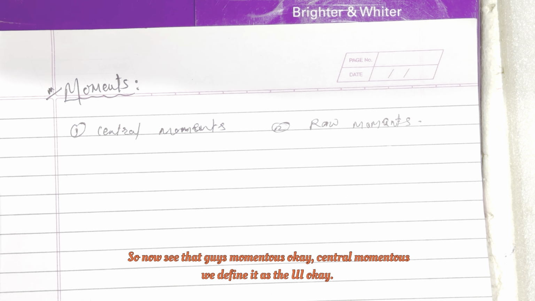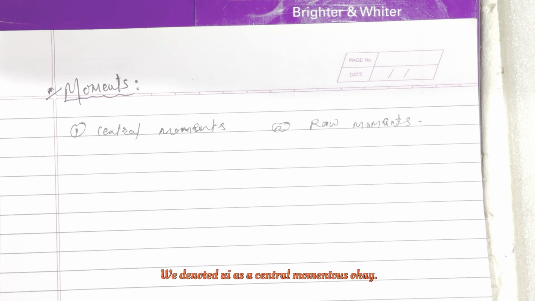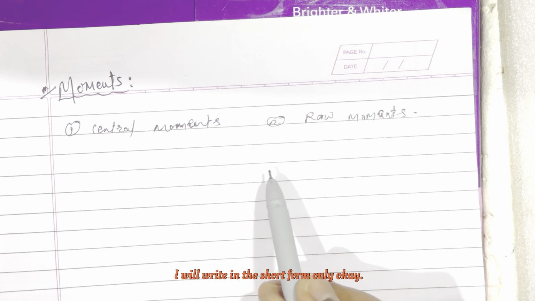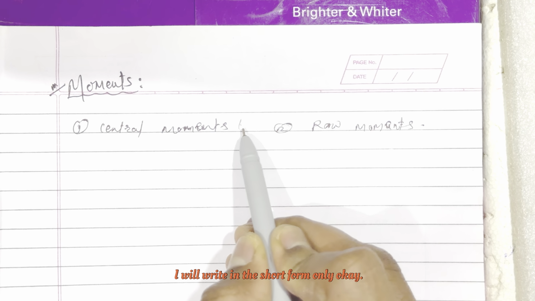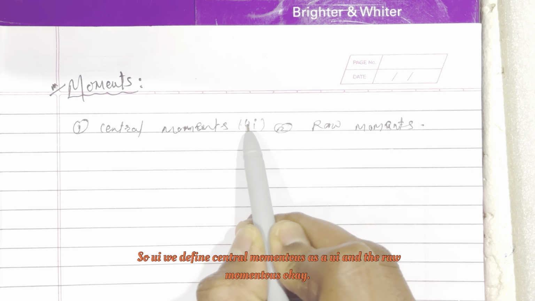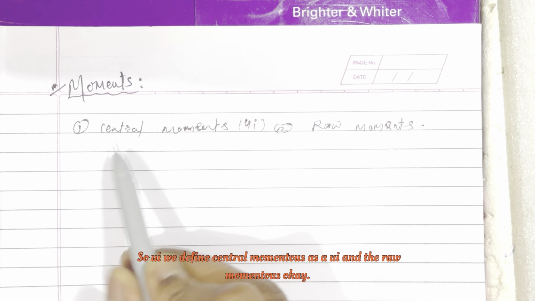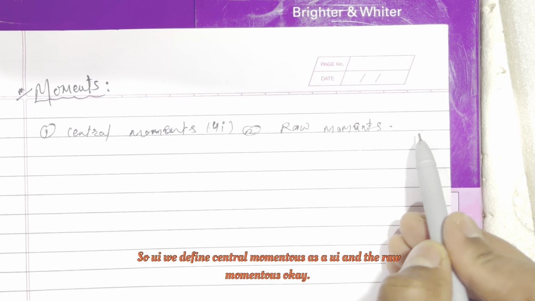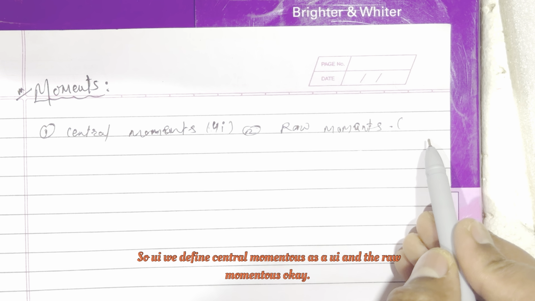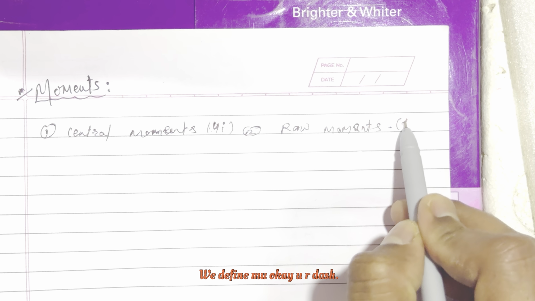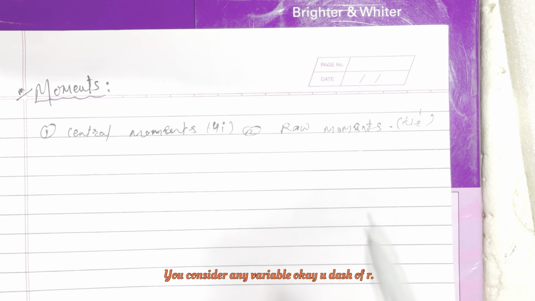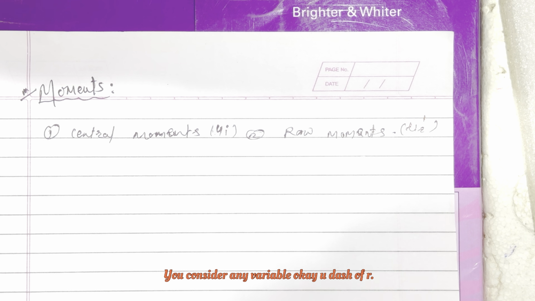Now see, guys, the central moment we denote as mu i. I will write in the short form only. So we define the central moment as mu i, and the raw moment we define as mu r dash, or mu dash of r.